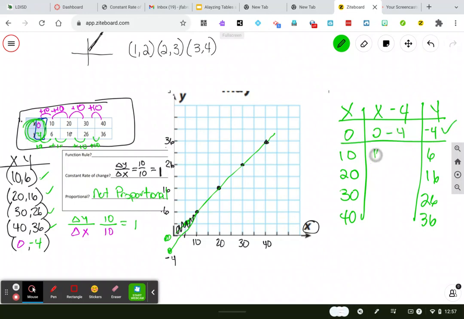If I take 10 and I subtract 4, I get 6. 20 minus 4, 16. 30 minus 4 is 26. And 40 minus 4 is 36. So this is the part that's going to take you the longest if you're not familiar and you can't look at the numbers and see what's happening. That's why we've harped so much on basic addition, basic subtraction, multiplication, and division.